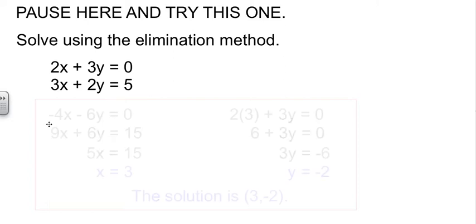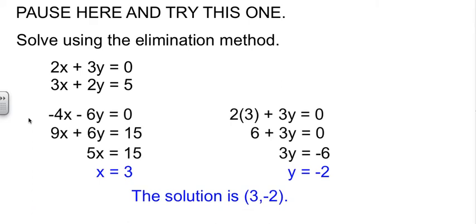So I chose to pick on y again. Could have picked on x, it wouldn't have mattered, but I chose y. So I multiplied the top row by a -2 to make -4x, -6y, and still 0.